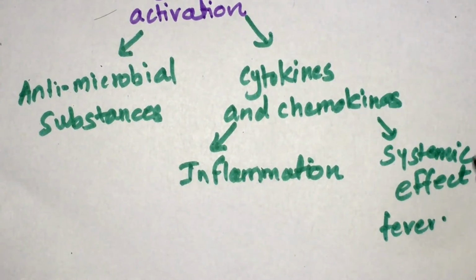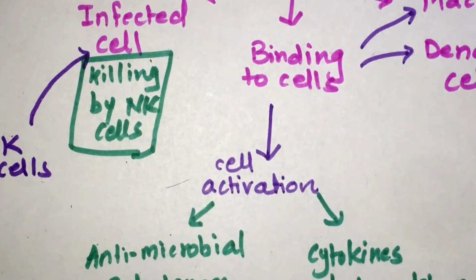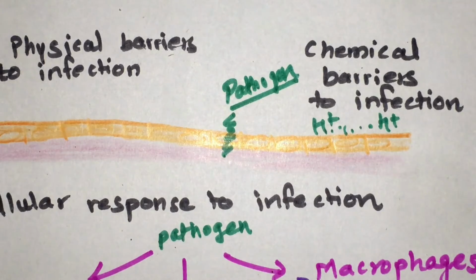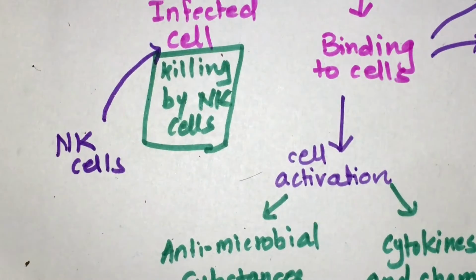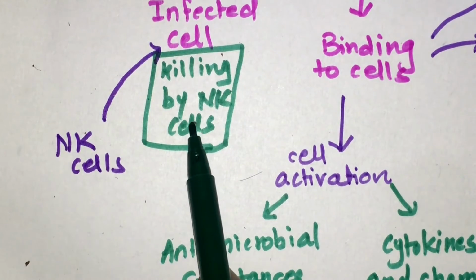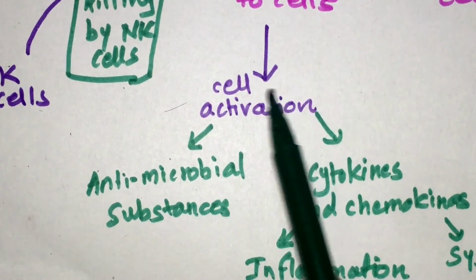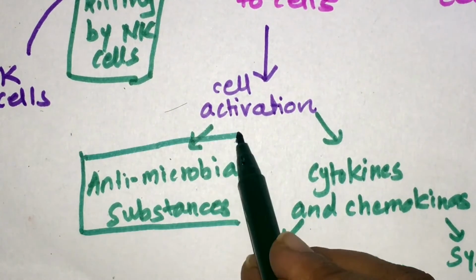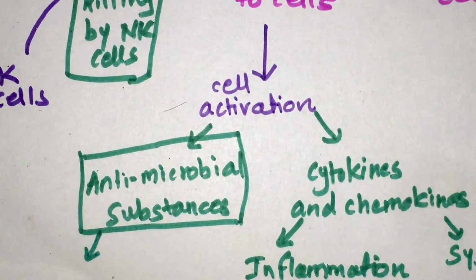Okay, so the first thing that we have learned is that the pathogen has to go through the barrier. Once it is successful in going through the barrier, what kind of cellular responses are we going to get? First we discussed natural killer cells, which kill the infected cell. Then there can be cell activation, which gives away antimicrobial substances that will eliminate the pathogen at the end.